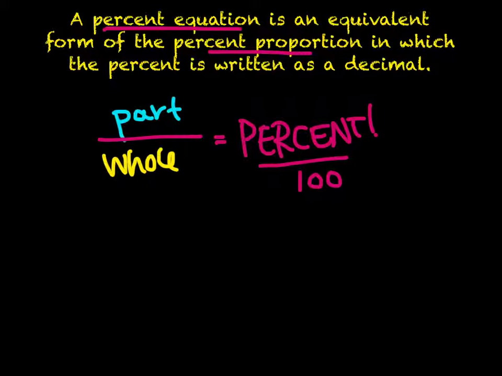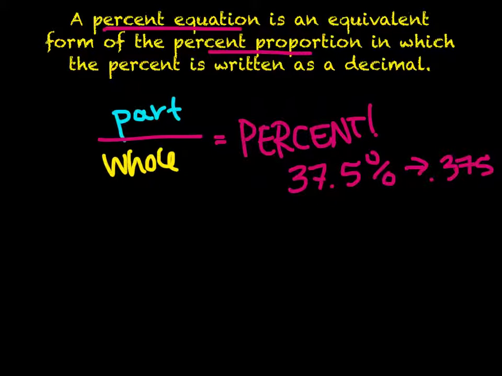Now that percent over 100 is dropped out, and instead of having 37.5%, it's written as 0.375. So the math of 37.5 over 100 has been done for you, and you have 0.375.